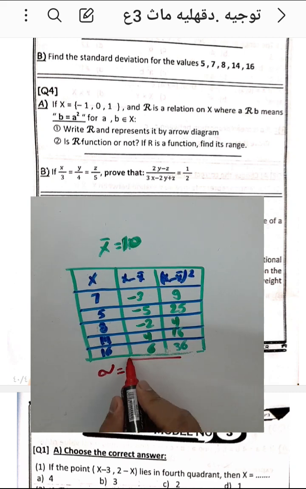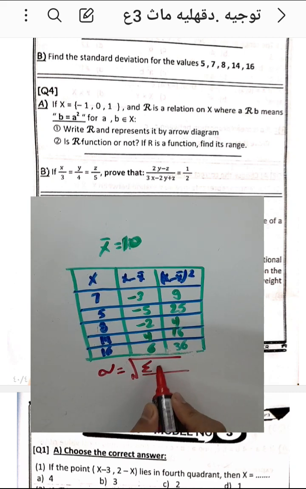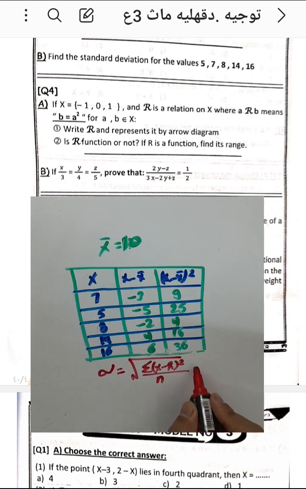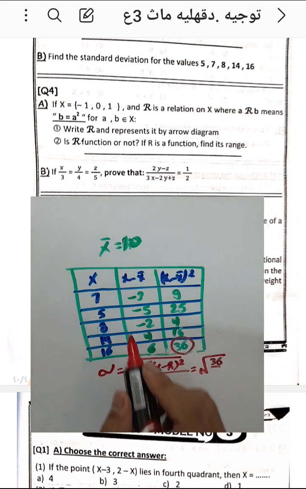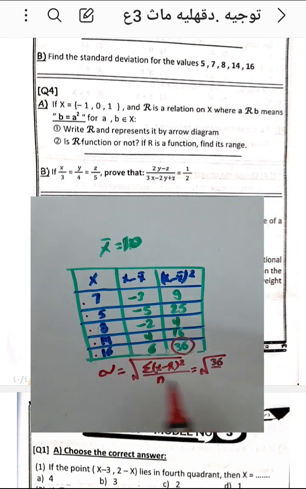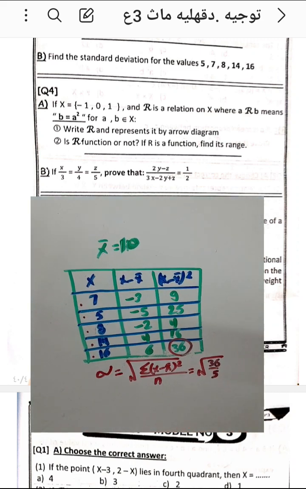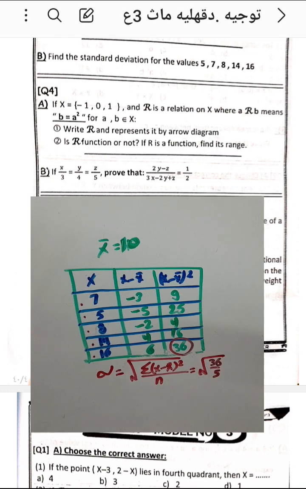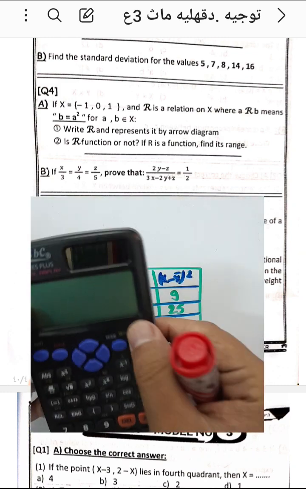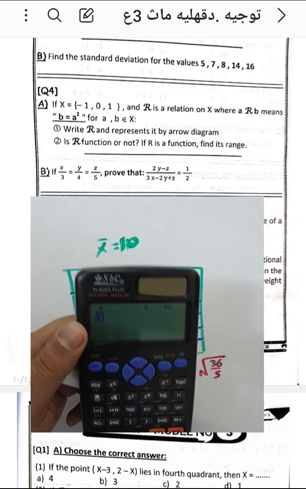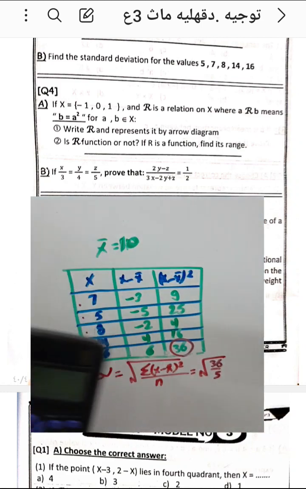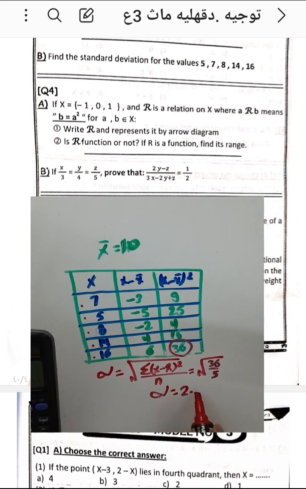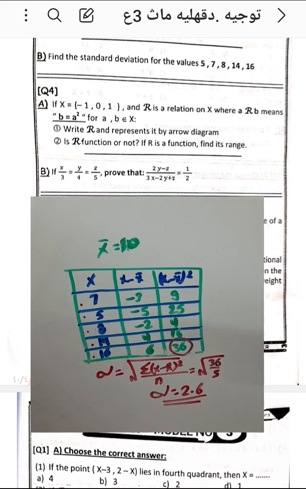Square root of the sum of x subtract x bar power 2, divided by the number: square root of 90 divided by the number 1, 2, 3, 4, 5. And use a calculator to find the result in simplest form. Square root of 90 divided by 5, it will be 4.2. Okay, this is the result for this question.